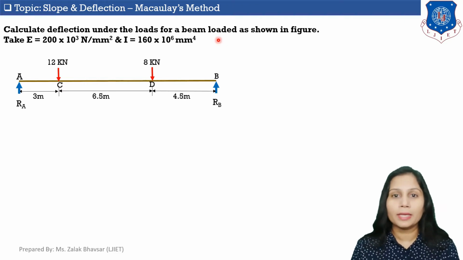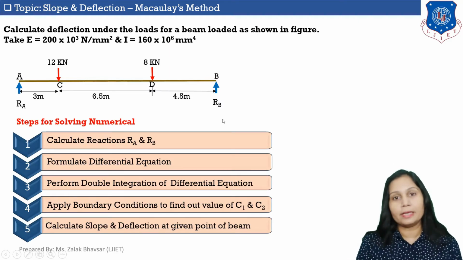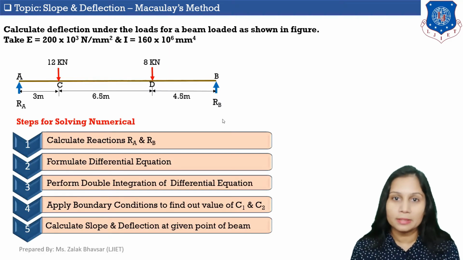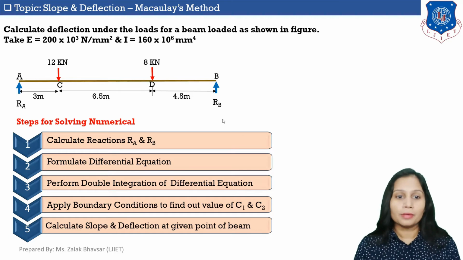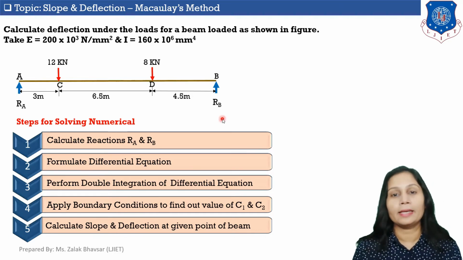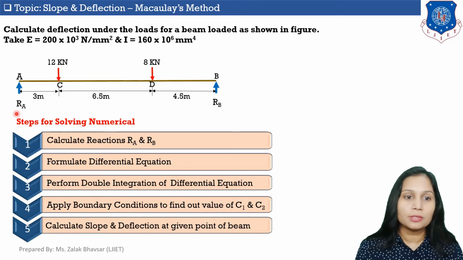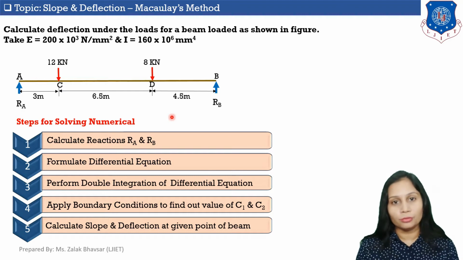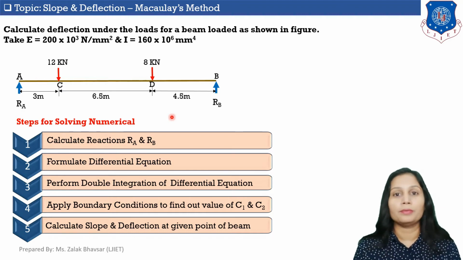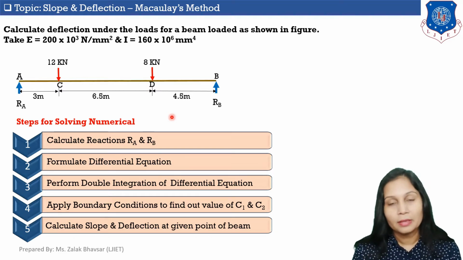Now before calculating the sum, let's discuss steps that we will perform. So the first step is to calculate reactions RA and RB. So in this figure, you can see that reactions RA and RB are unknown. So first of all, we will calculate reactions RA and RB by applying condition of equilibrium.